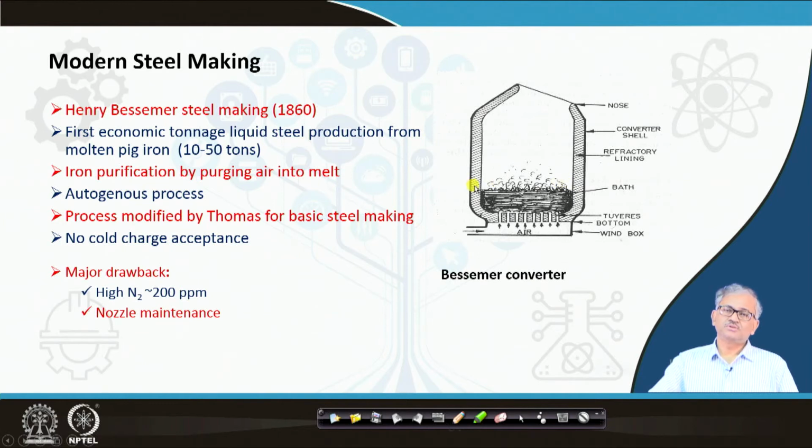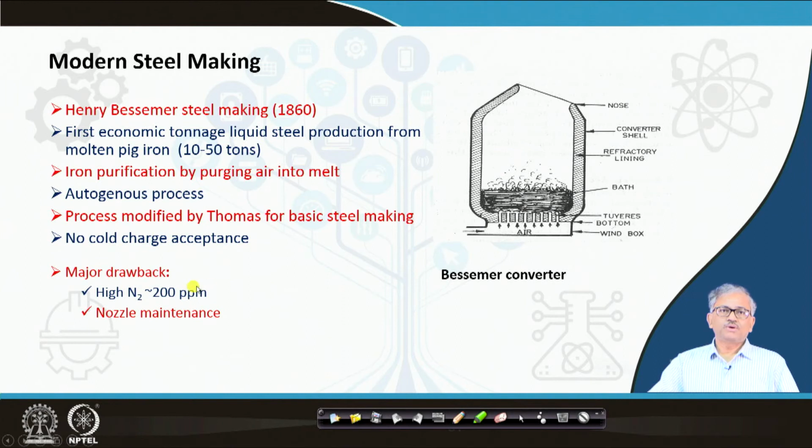It is called acid because the slag is acidic, and there you can only remove carbon, silicon, manganese, not phosphorus. When Thomas modified this process with the basic lining and limey slag, then he could remove the phosphorus also. So a perfect refining unit was established.